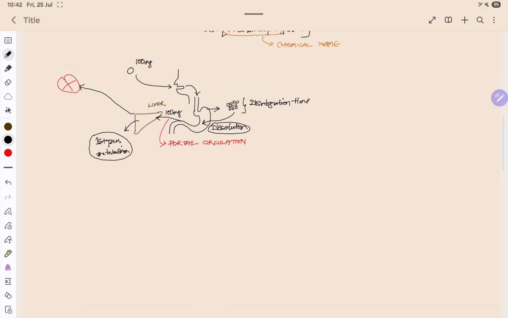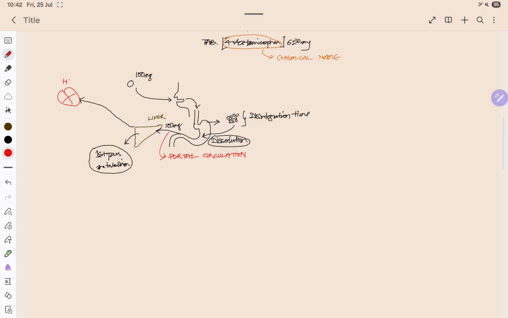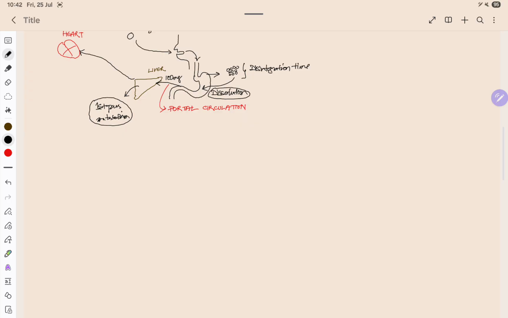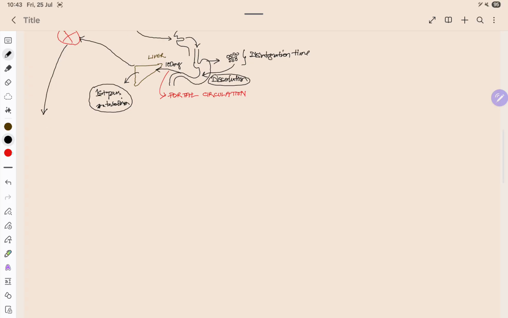Now from the heart, this is the heart. Obviously the heart is the pumping chamber or the pump of the body. Now it will distribute this drug that has already undergone first pass metabolism into various body tissues via the blood vessels.